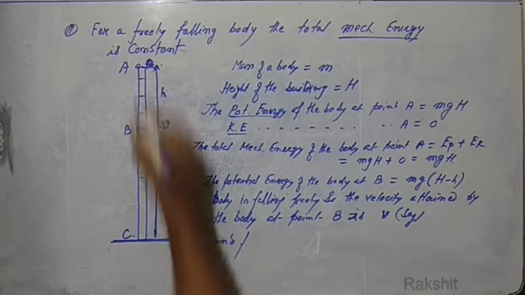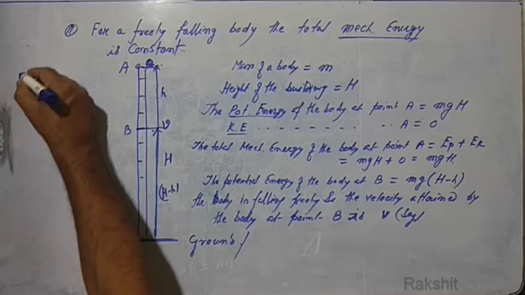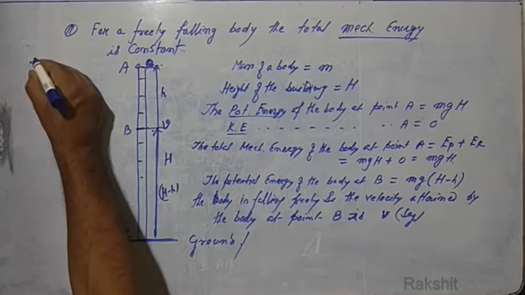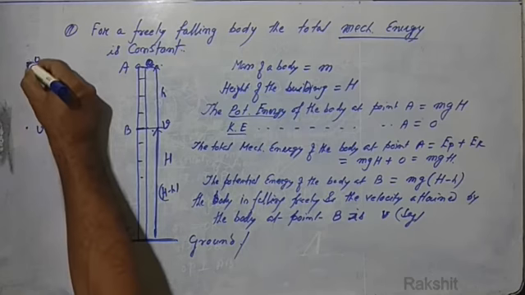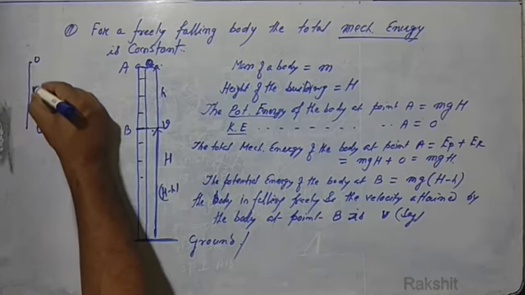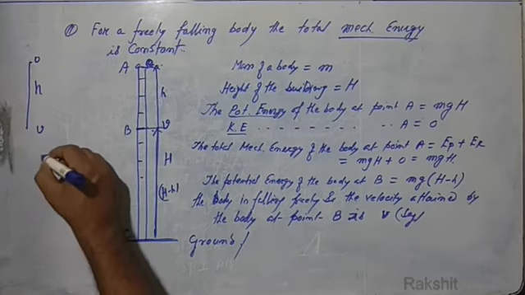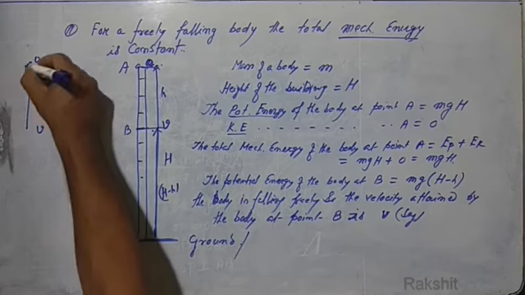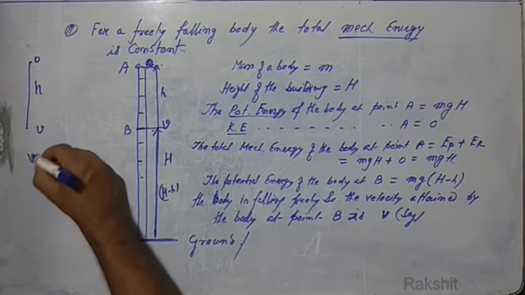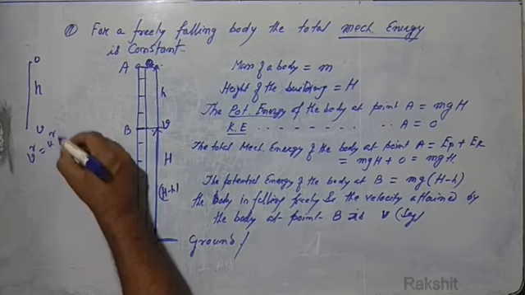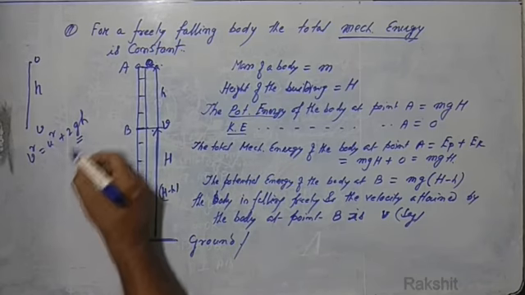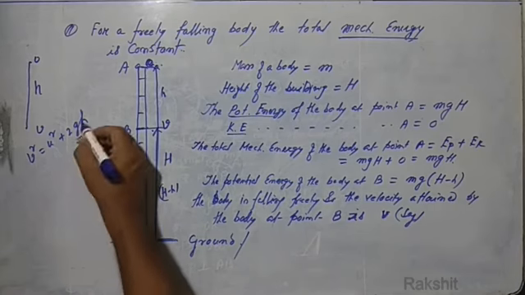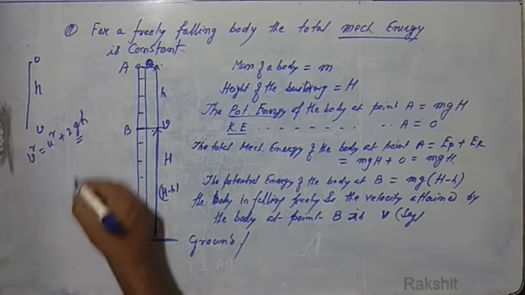We know when a body falls freely, at this point velocity is equal to 0, at this point velocity is equal to v, the vertical distance traveled by the body is equal to h, and we know during free fall, the equation of motion becomes v square is equal to u square plus 2gh, where g is acceleration due to gravity and h is the height through which it falls.